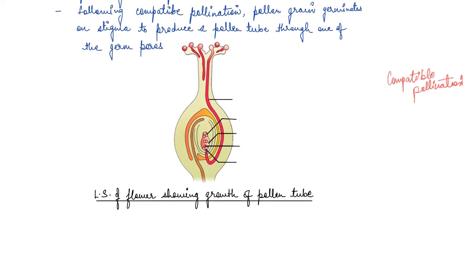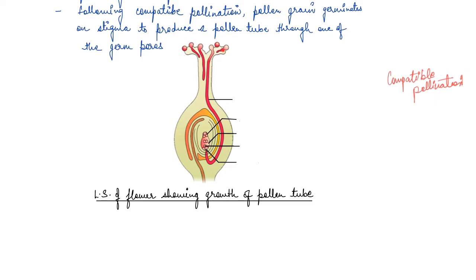So if we see this particular diagram, what we are looking at is the pollen tube germinating from the pollen grain, right? So after compatible pollination, the pollen grain germinates on the stigma. So this is the stigma, right?